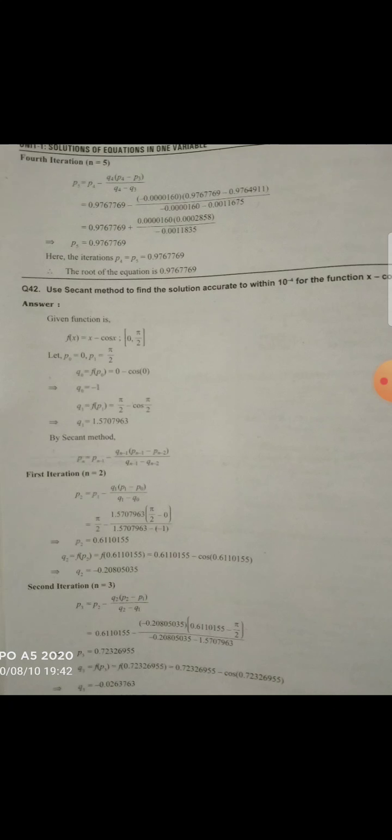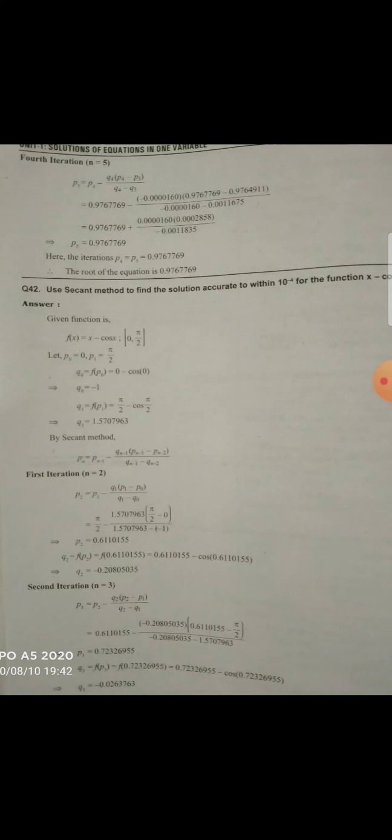Therefore, p5 equals 0.97677769. Here the iterations p4 equals p5 equals 0.97677769.